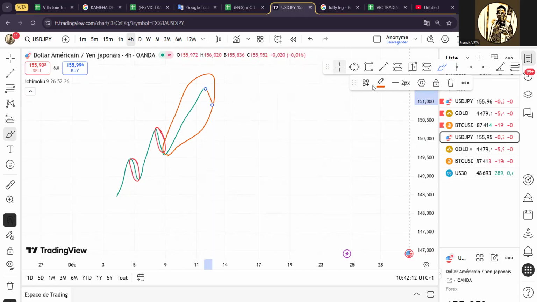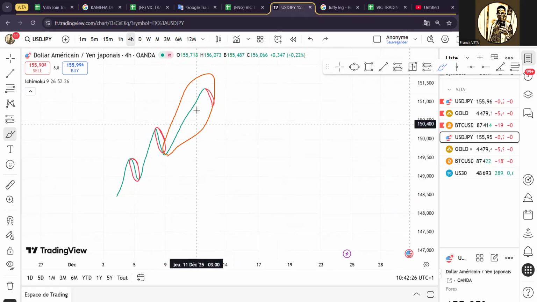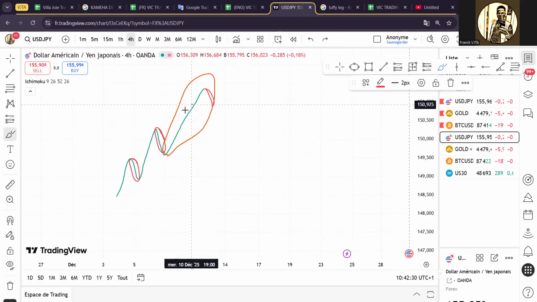When the red candles start to appear again, when will this pullback stop? Will it stop at this level, or will it come back to the bottom? To know it, you need to look in the middle of the long leg. Do you have a red candle like this?